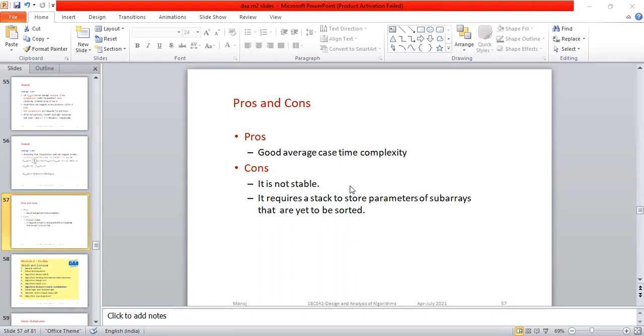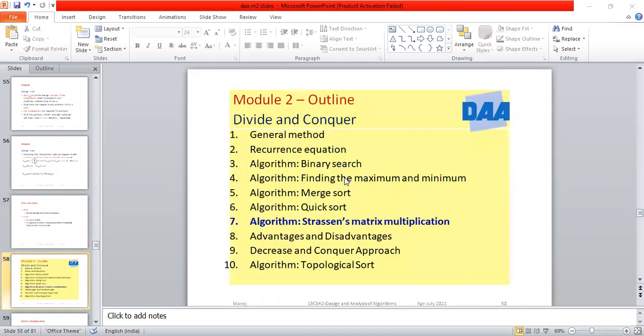If they ask you for the analysis of quicksort, you have to tell the best case, worst case and average case time complexity of the algorithm. Understood the time complexity of quicksort up to here? Any doubts?